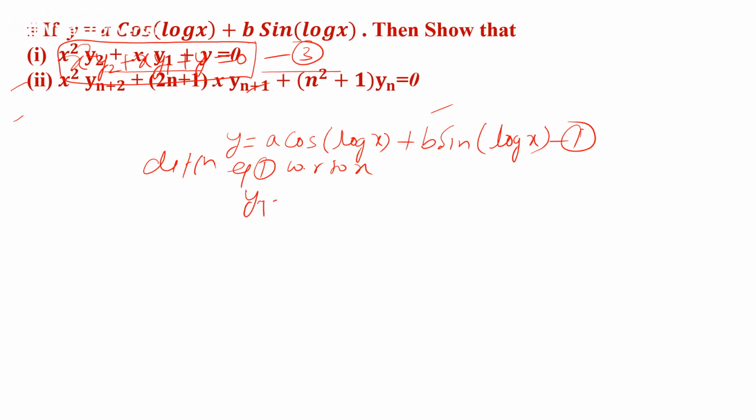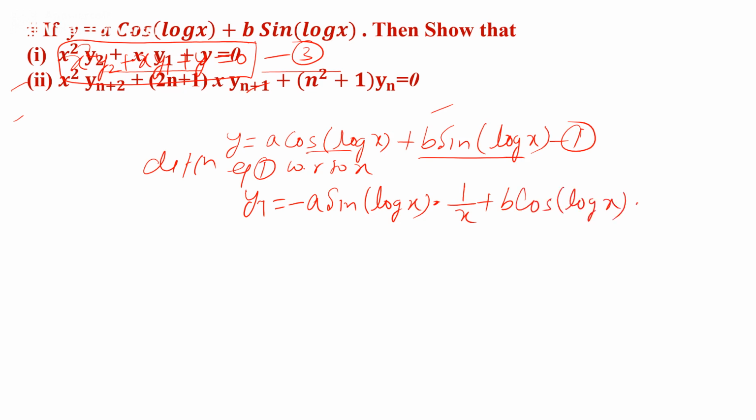So we write y1 becomes minus a sin(log x) into the derivative of log x, 1 upon x, plus the derivative of the term b cos(log x) into 1 upon x. Now taking x to the right hand side, we write x y1 equals minus a sin(log x) plus b cos(log x).